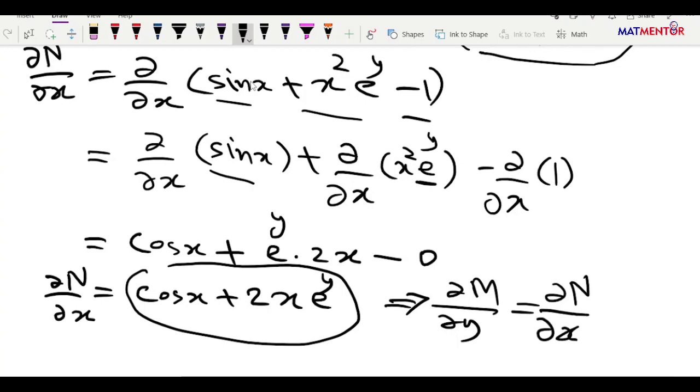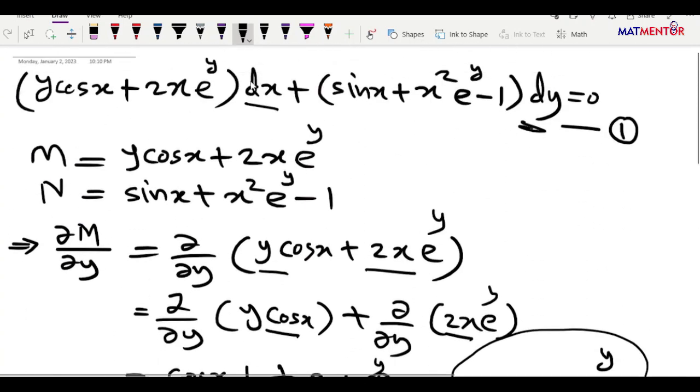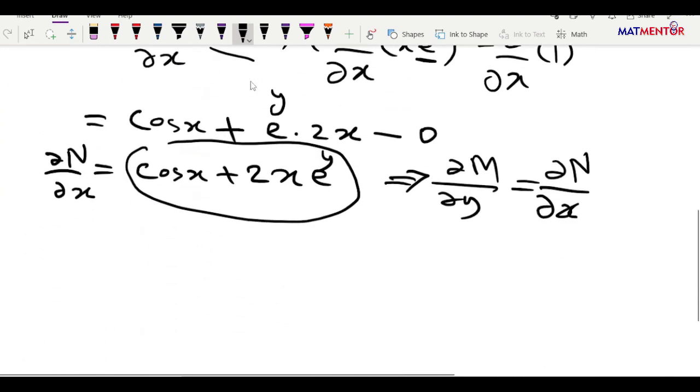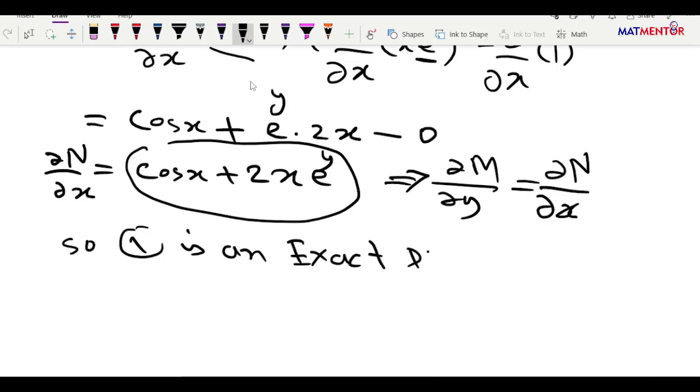It means equation 1 is an exact differential equation.